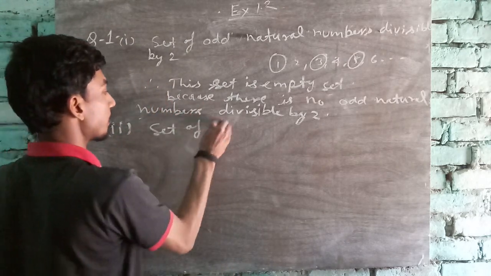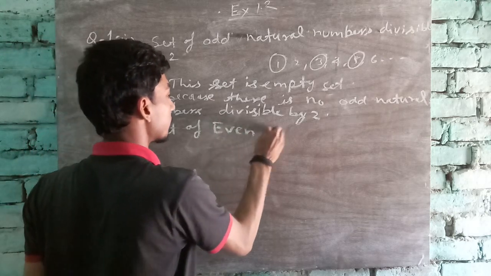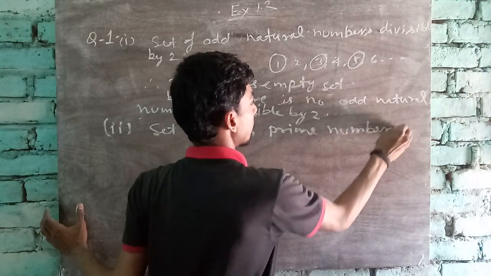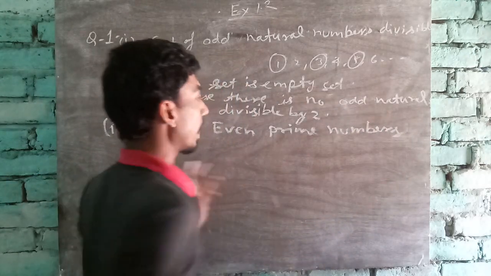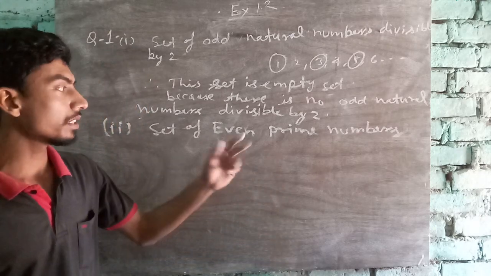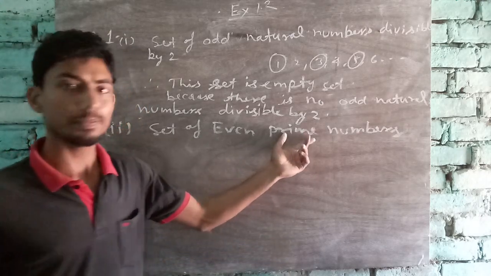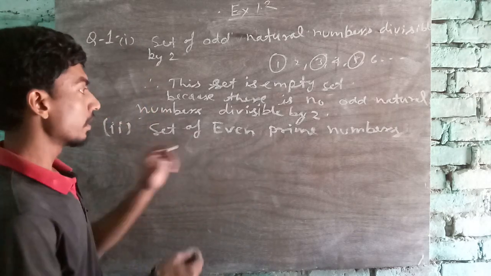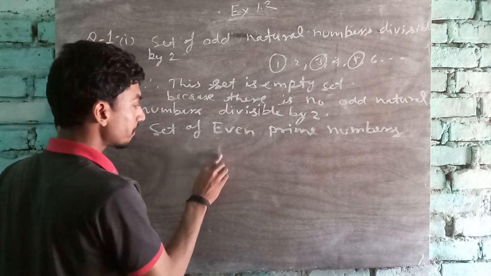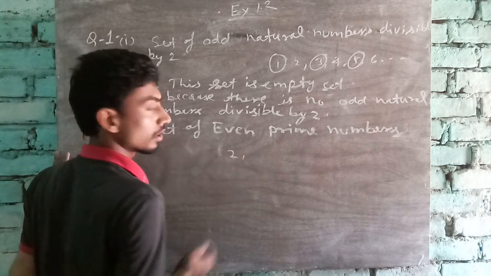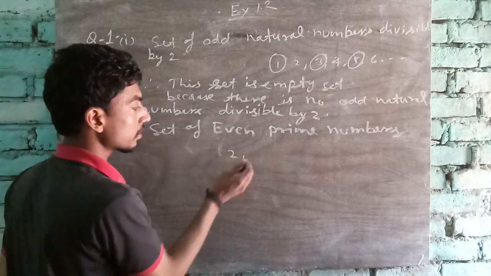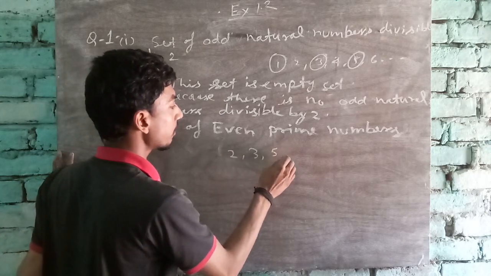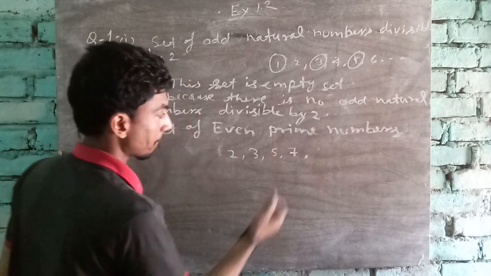Next, second, set of even prime numbers. You know, a prime number is a number which is divisible only by itself and one. The prime numbers are 2, 3, 5, 7, 11.